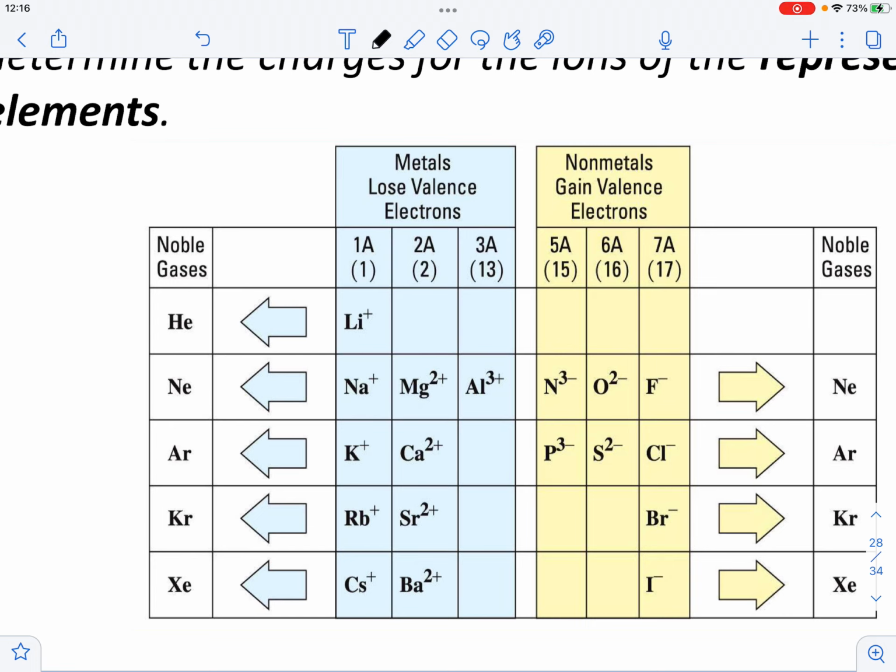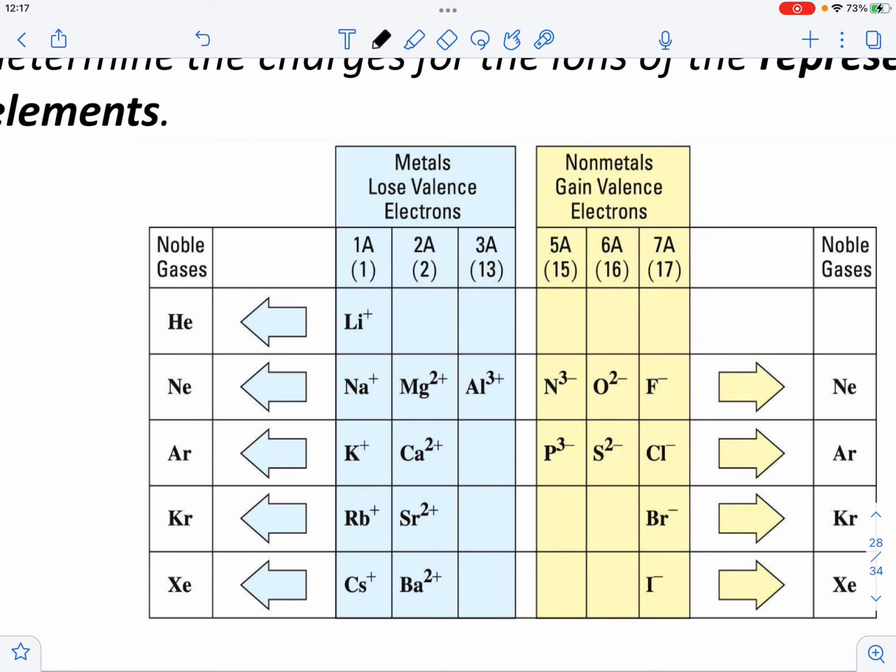Now, when it comes to the nonmetals, how many electrons do they really gain? Well, in the case of the elements in 5A, they have to gain 3 electrons. That's why you see nitrogen with a -3, phosphorus with a -3. In the case of anybody in 6A, oxygen is going to gain 2 electrons. That's why you see it as O2-. Also sulfur 2-. Any of the elements in 7A, meaning your halogens, only have to gain 1 valence electron.